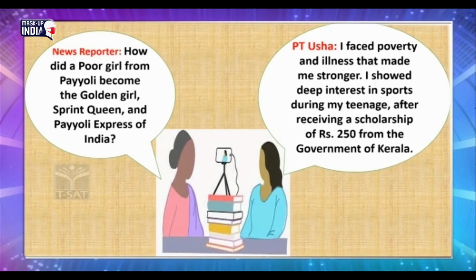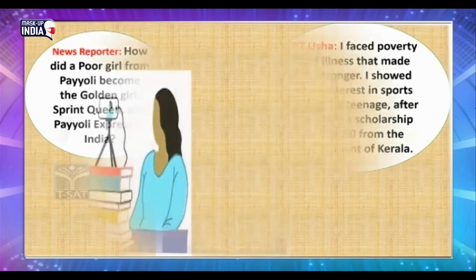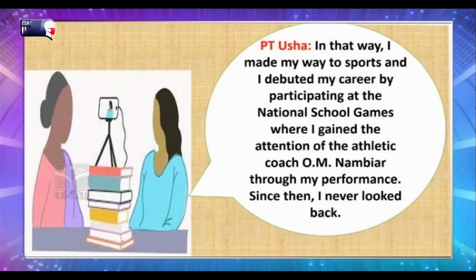I showed deep interest in sports during my teenage after receiving a scholarship of Rs 250 from the government of Kerala. In that way, I made my way to sports and I debuted my career by participating at the national school games where I gained the attention of the athletic coach O.M. Nambiar through my performance. Since then, I never looked back.